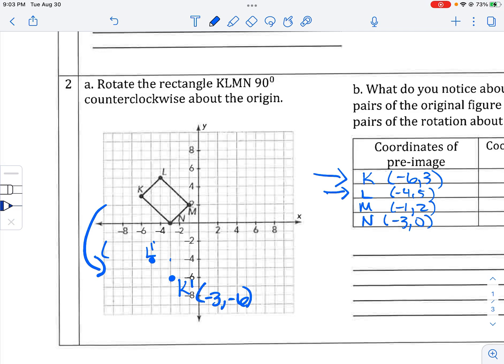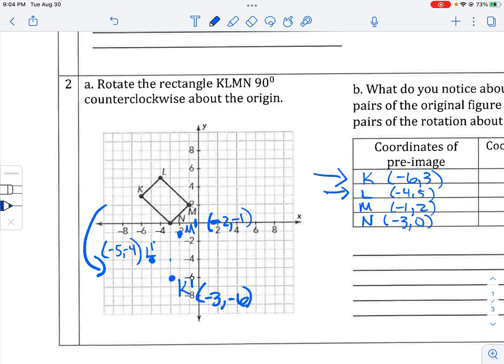And that's going to be -5, -4. There we go. M, we switch it around. We have -1, 2. So the 2 comes first now. So this is M prime. And that is going to be -2, -1.